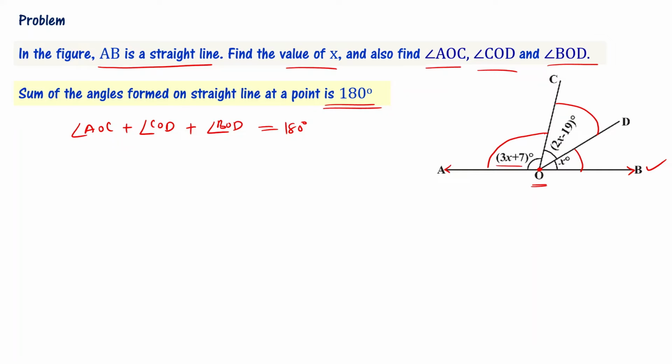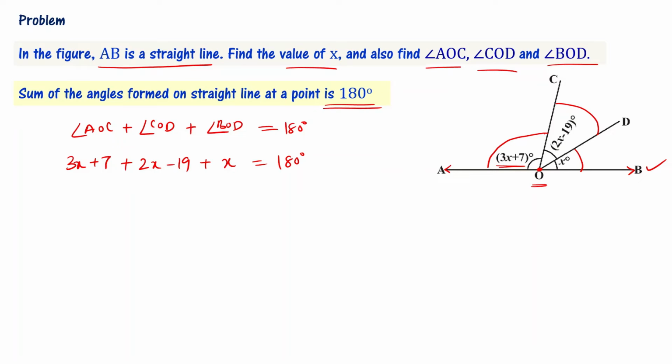Now, the angles are given, right? Angle AOC is 3x plus 7. And angle COD is 2x minus 19, right? And angle BOD is x. Their sum is equal to 180 degrees.